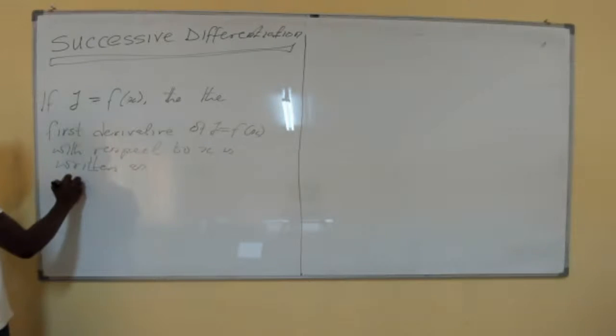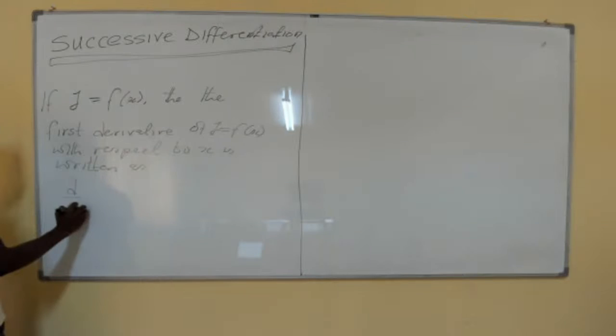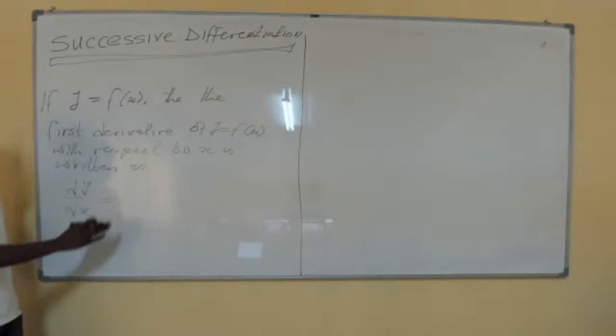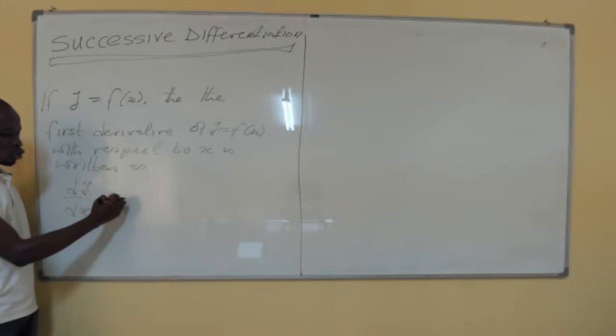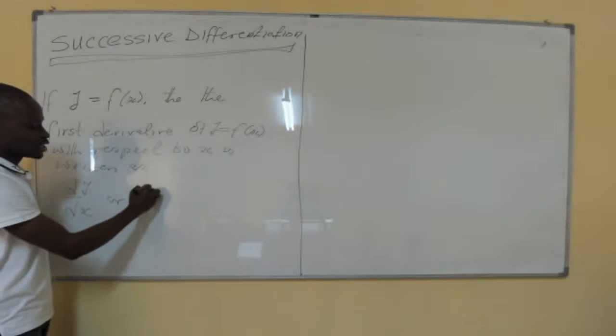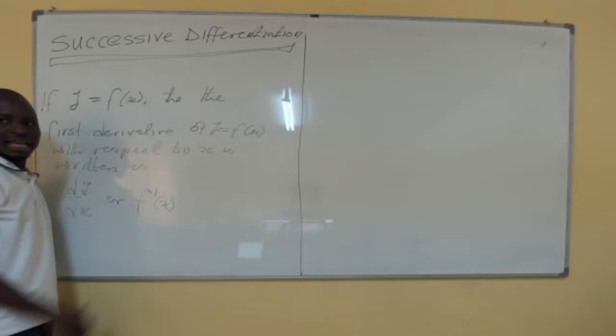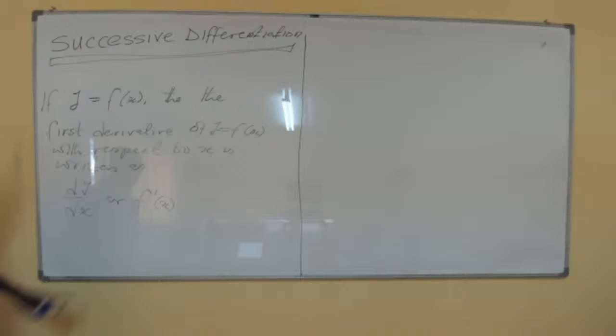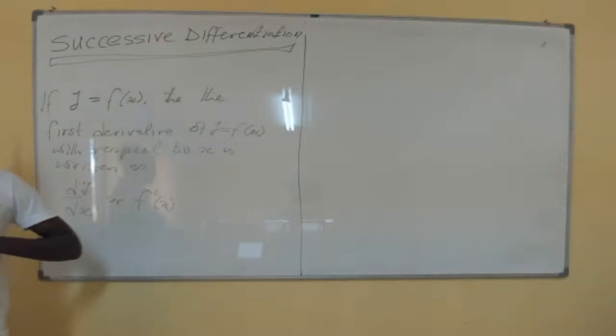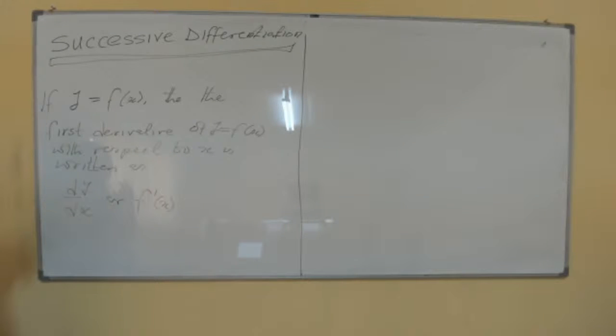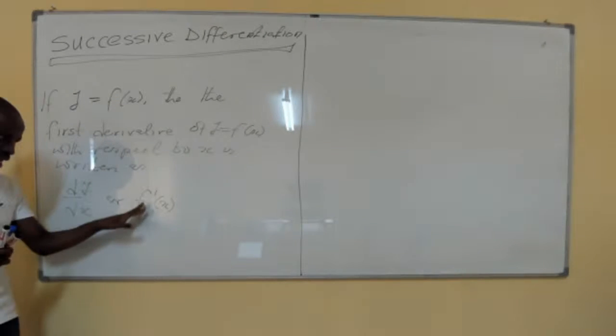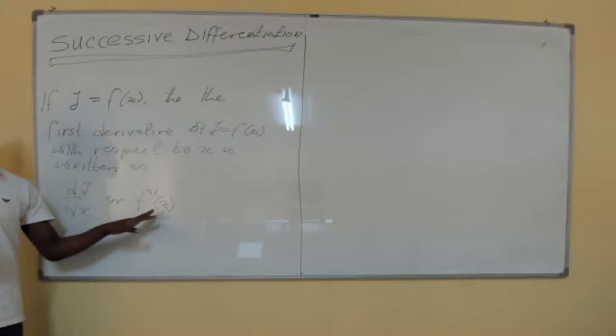You either write dy/dx, which is just the same as f prime of x.